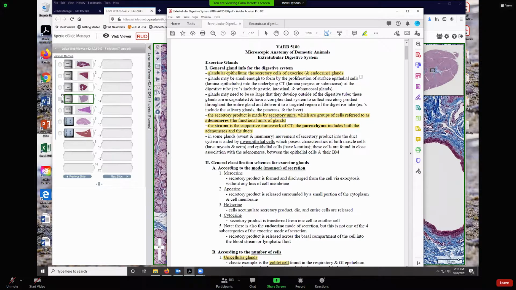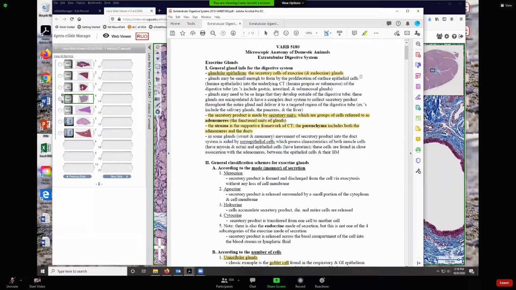We need to be thinking about glandular epithelium. So the smaller glands, the mucosal glands that we've looked at, the gastric glands, the intestinal glands, they were formed from the lamina epithelialis. So those are epithelial glands, but they're small. They're just invaginations of that lamina epithelialis down into the tunica mucosa.